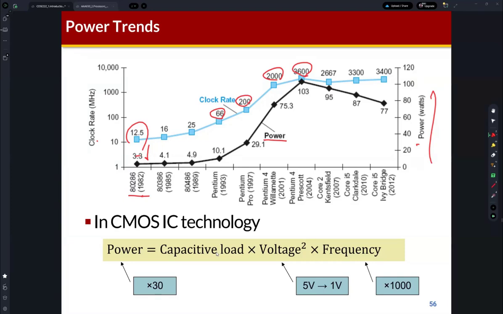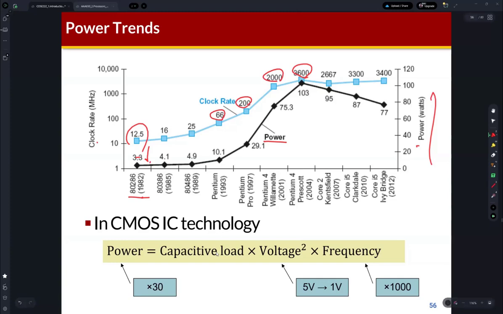You can find that the power consumption slightly increased, but the clock frequency also slightly increased. But at this point, the power consumption increased dramatically.